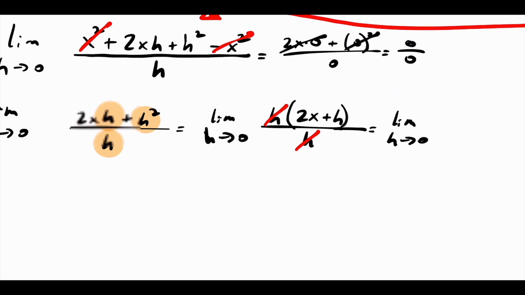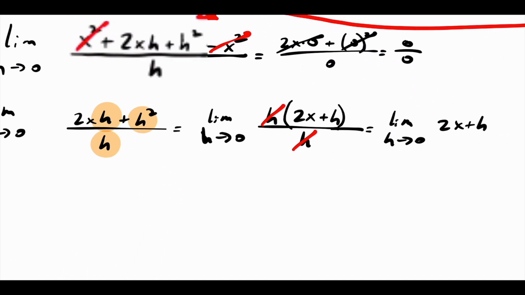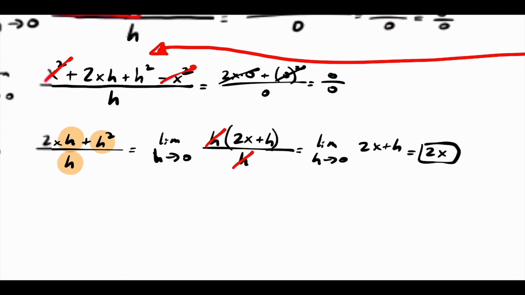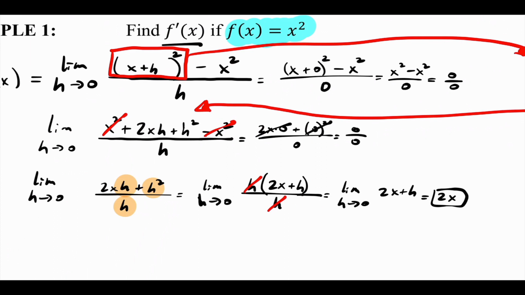Now I don't even have a denominator. It's just 2x plus h. Plug in 0 for h. What do I get? 2x. So f prime of x is equal to 2x.